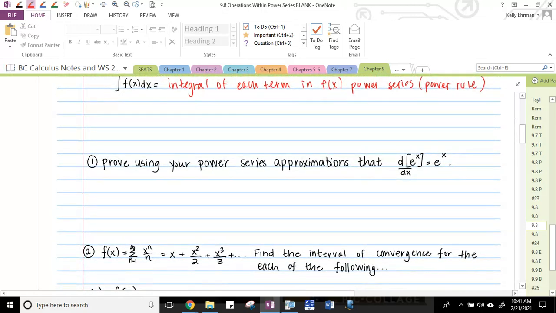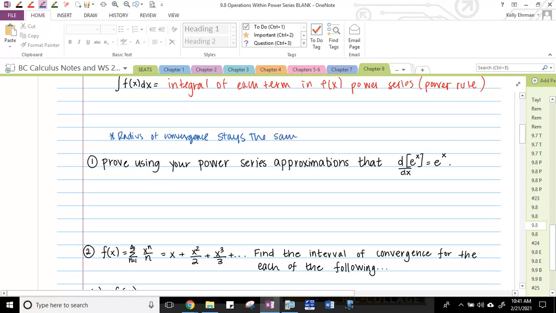Prove using your power series approximations that the derivative of e to the x dx is equal to e to the x. One note I want to make up here, sorry. The radius of convergence stays the same.